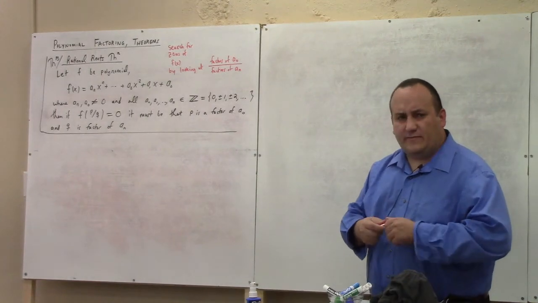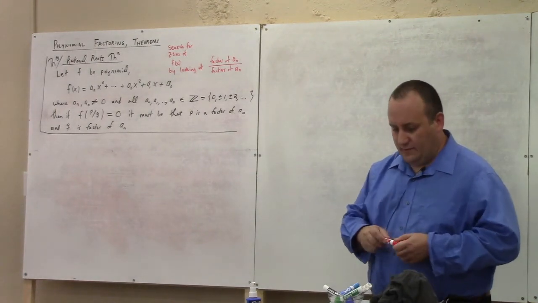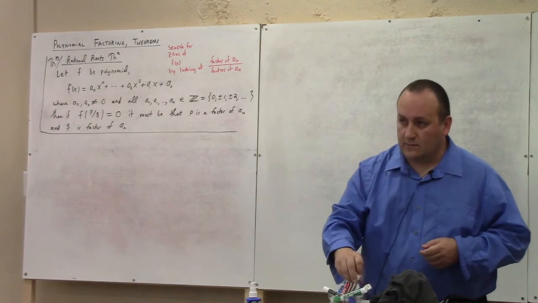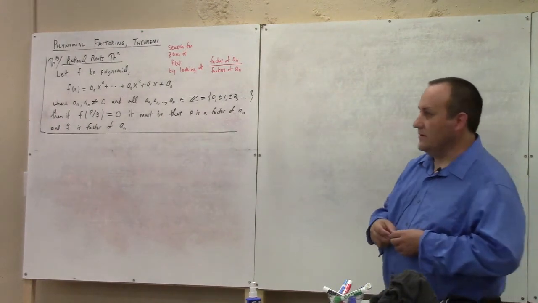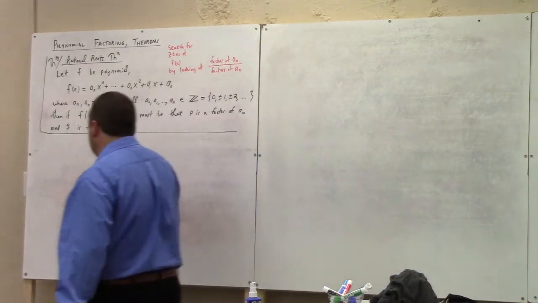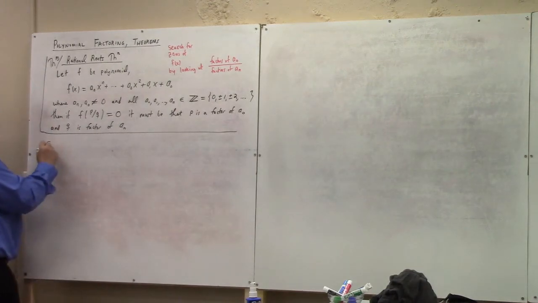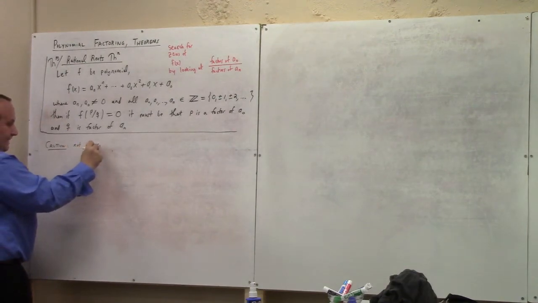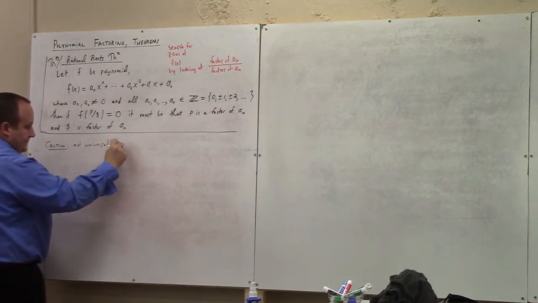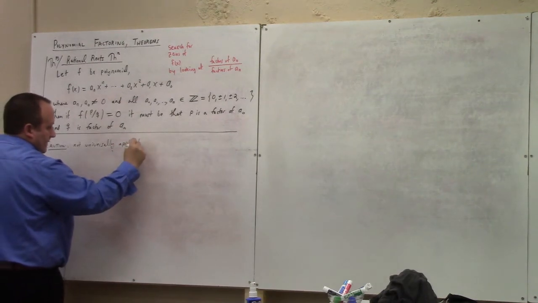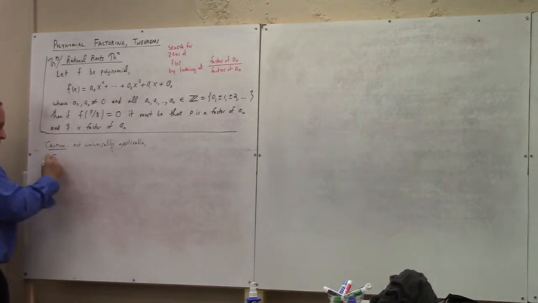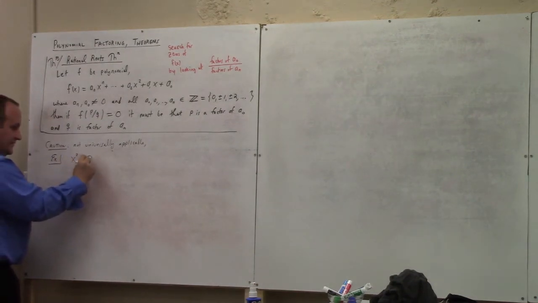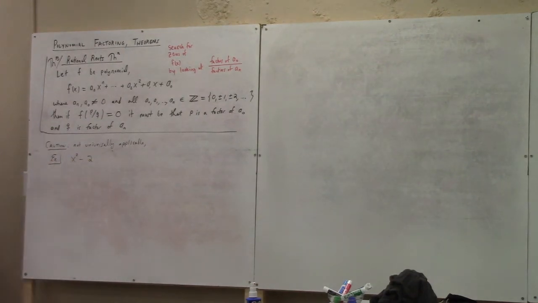Does every polynomial have rational roots? Can we give an example with one that doesn't have rational roots before we get carried away with this theorem? Let me just give you a caution. Not universally applicable. So for example, if we look at x squared minus 2, right?